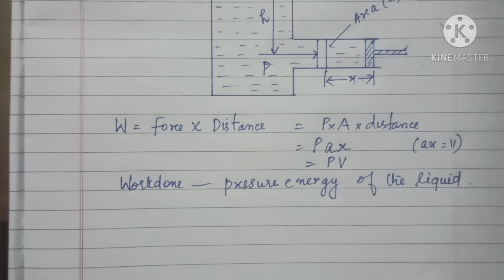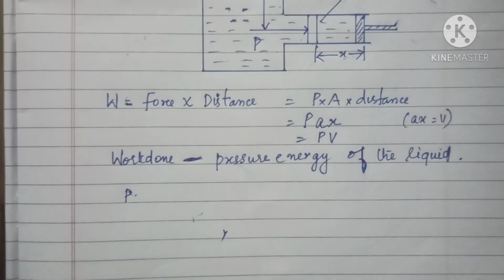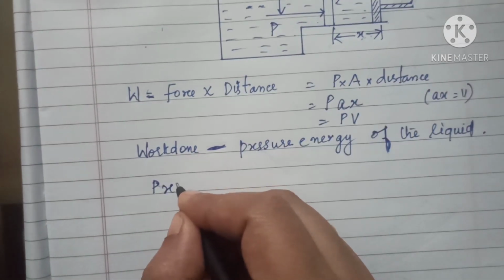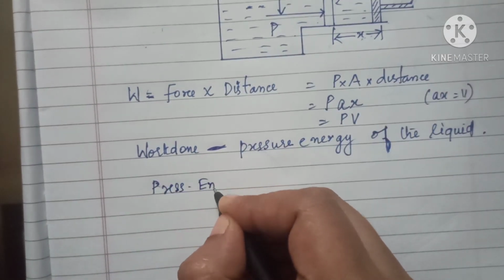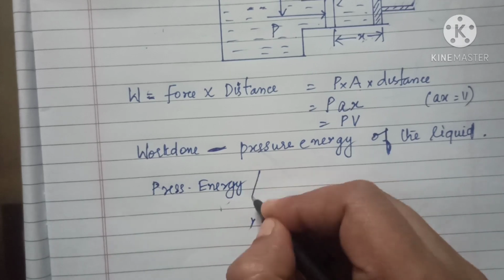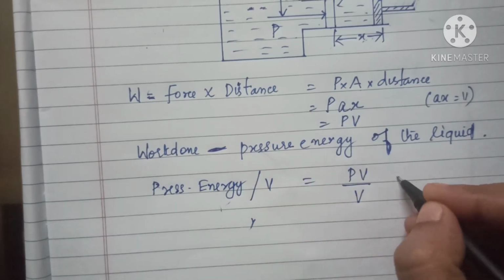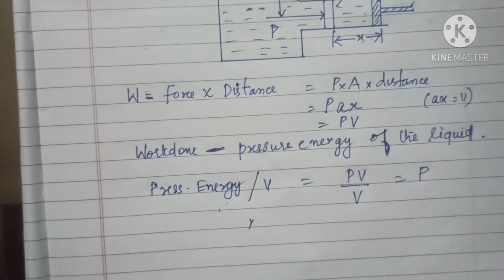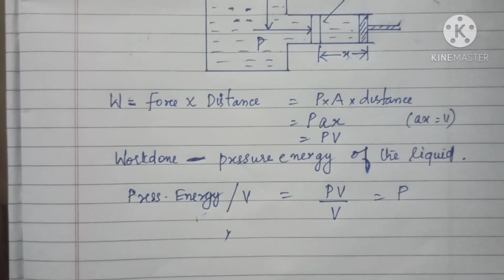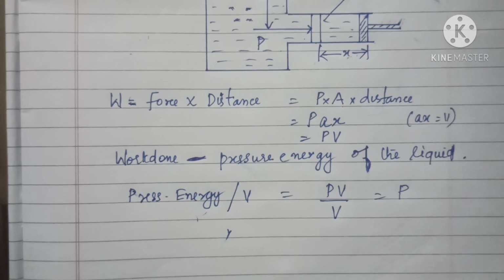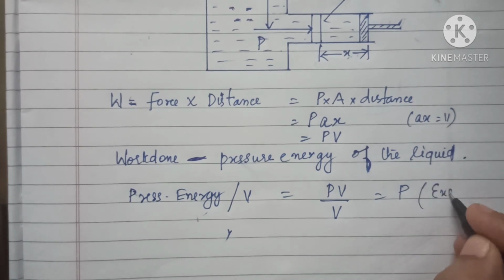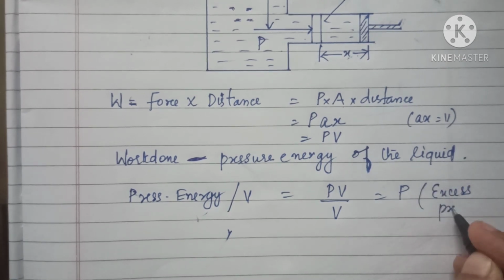Now if you want to find the pressure energy per unit volume, it can be written as PV divided by V, which will give you P. So pressure energy per unit volume is P, which we call the excess pressure.